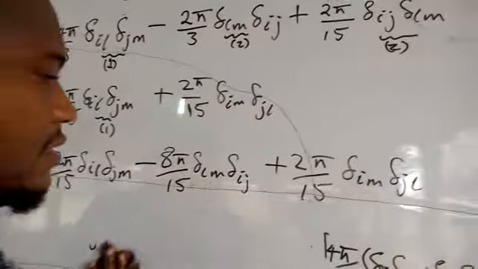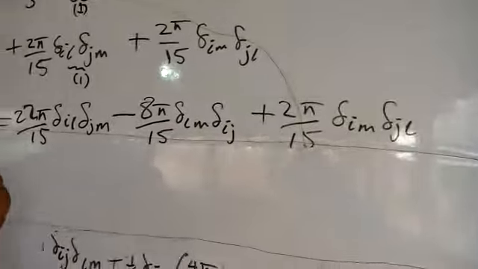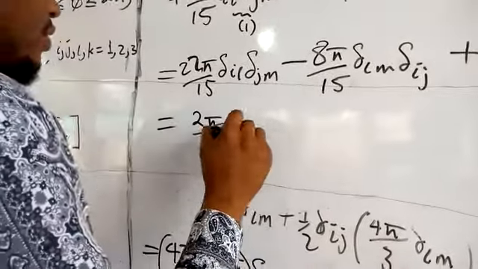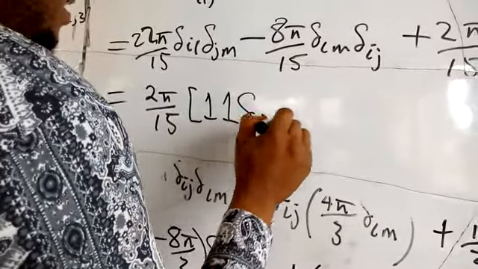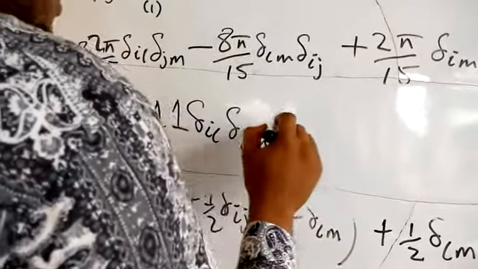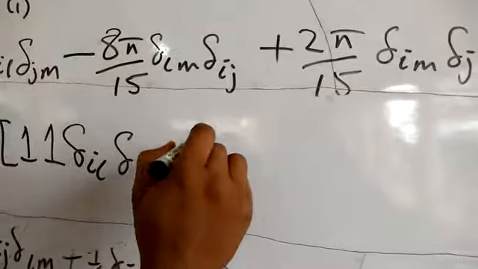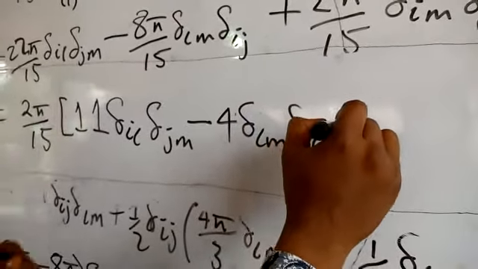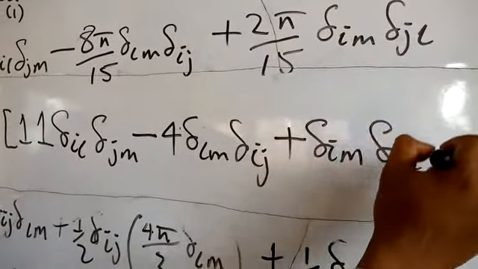So that in the end, if I pull out a common factor of 2π over 15, I'm going to have 11 here. No more π, but delta_ii, delta_jm. Minus, because I pull out a 2, this could be 4. As a matter of fact, it should just be 4, because the π has been taken out. im. And then here, this will be simply plus delta_im and delta_ji.